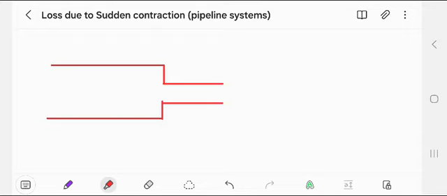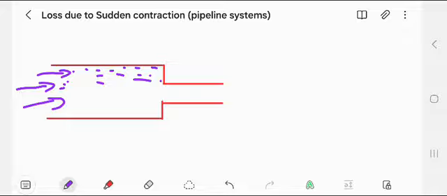So here we have a pipe, the pipe suddenly constructs, and here we have a fluid, the fluid that is flowing.